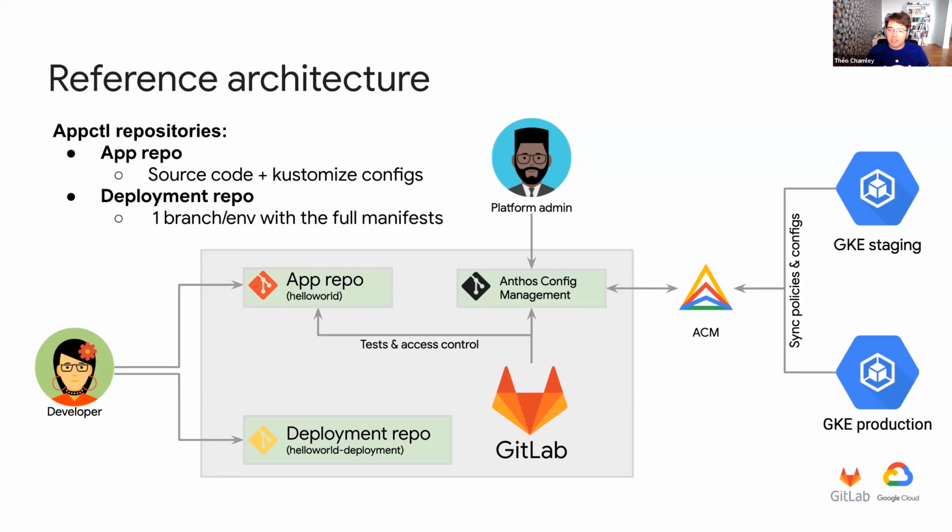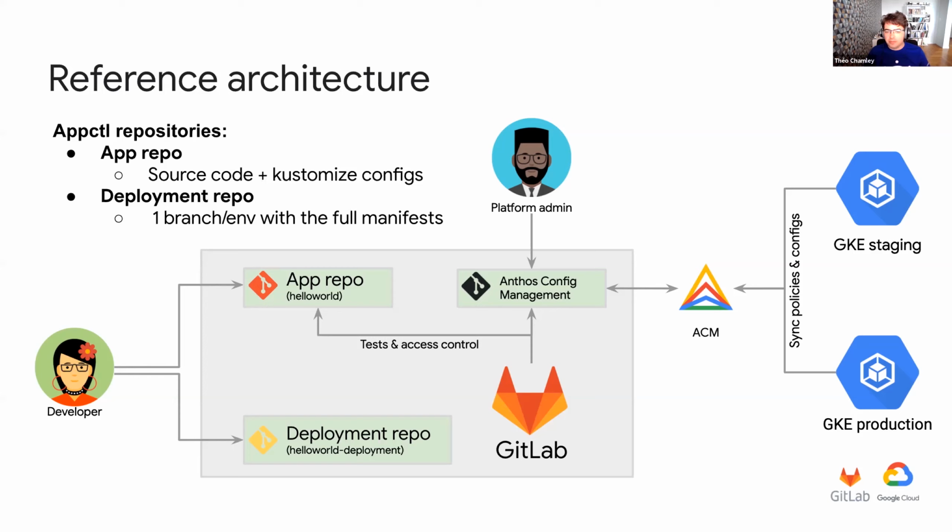The first one is GitLab, of course, and that's at the core of everything. Almost every user interaction that we're going to have is with GitLab. The next component that we're going to use is Anthos config management. Anthos config management is a product that's part of Anthos, and it's a GitOps-like product to manage your configuration and policies.